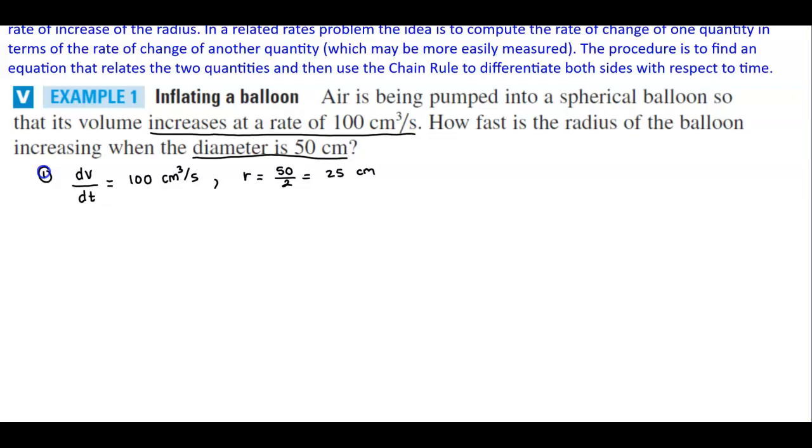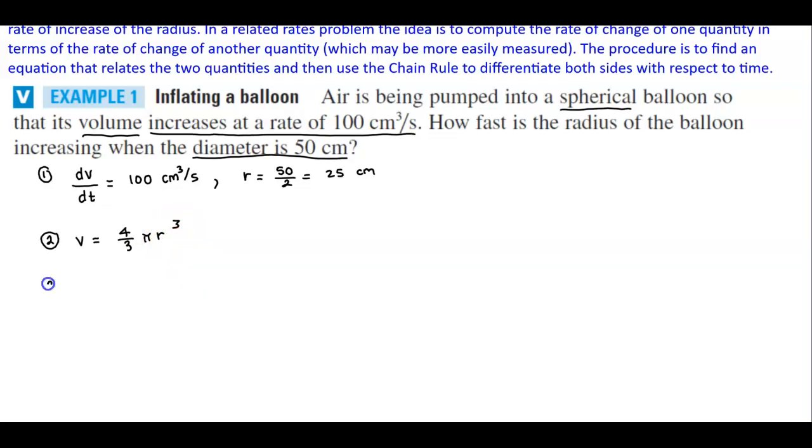Since we're dealing with a spherical balloon and we're talking about the volume, we're going to be dealing with the formula for the volume of a sphere. The volume of a sphere is V = 4/3 pi r cubed. Now we're going to take the derivative of V with respect to t on the left side, and on the right side we're going to take the derivative of r with respect to t.